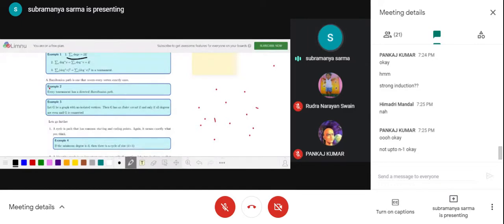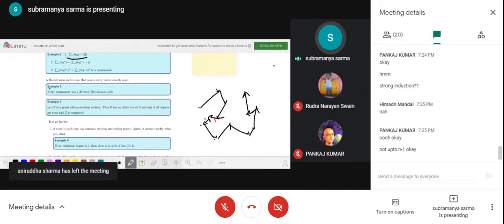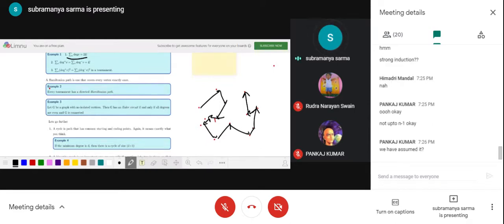So that means that we have some form of a path that goes through every vertex, right? This is a Hamilton path. It goes through every vertex exactly once. And this is what we are saying. We are assuming that this is true, right?